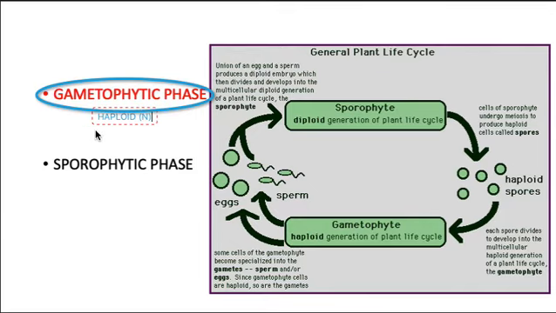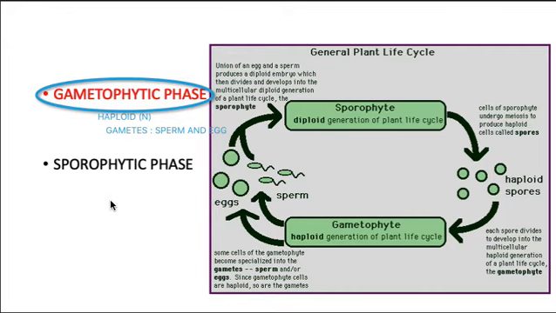So usually the stage where there are haploid number of cells is when there are gametes, meaning the sperm and the egg stage. What about the sporophytic phase?